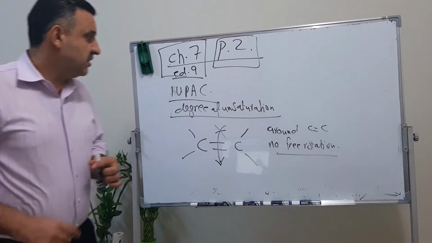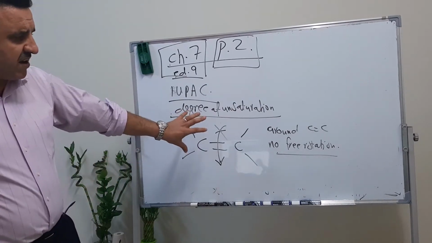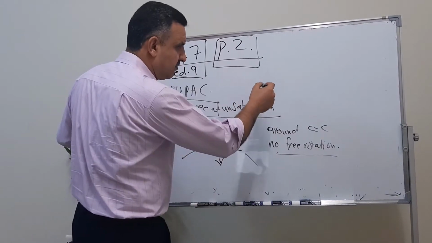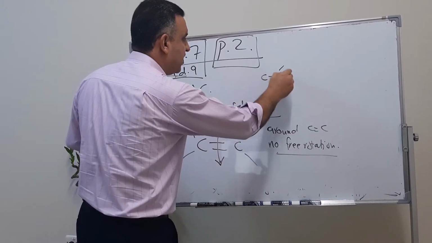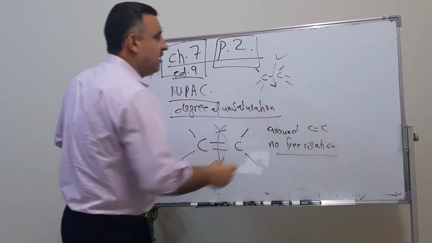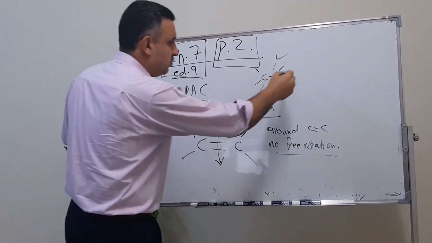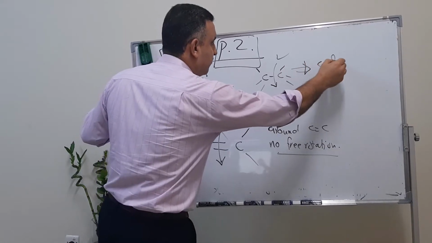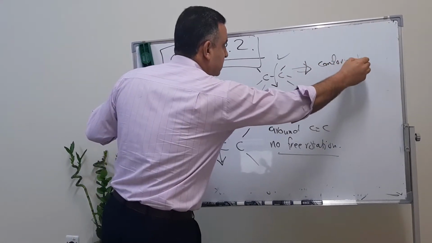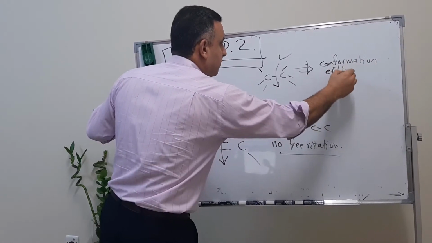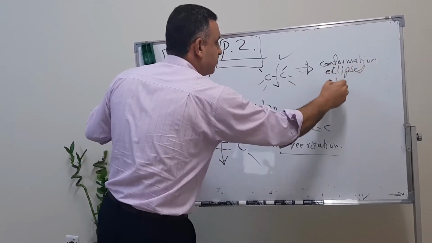All right, so this is a very important aspect. In the chapter on alkanes we said that around a carbon-carbon sigma bond, free rotation is allowed, and that's why we have what we call conformational structures, the eclipsed and staggered conformations.